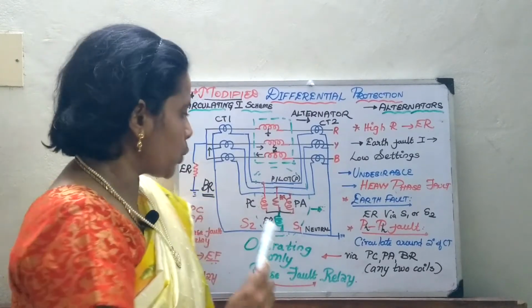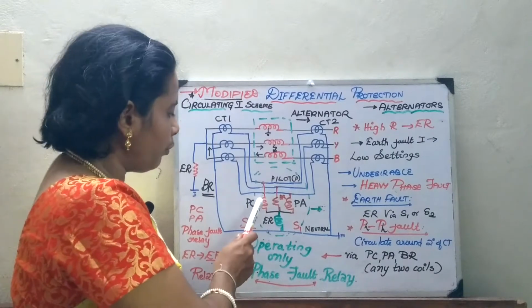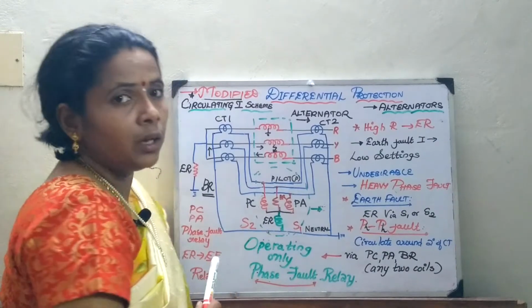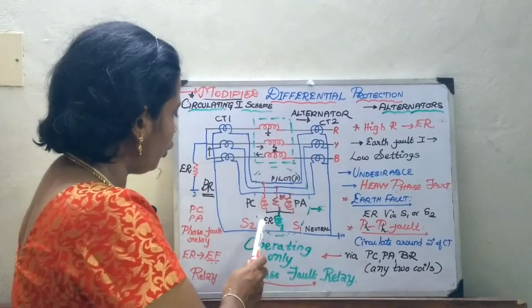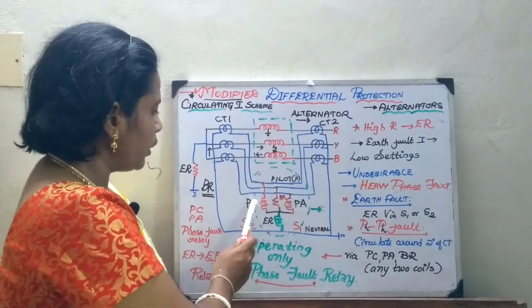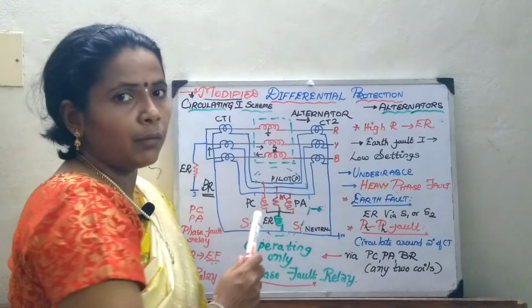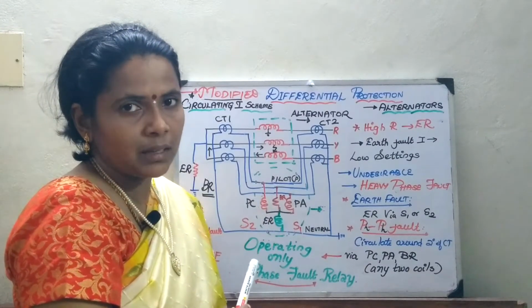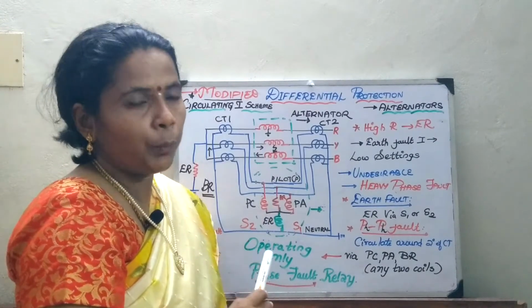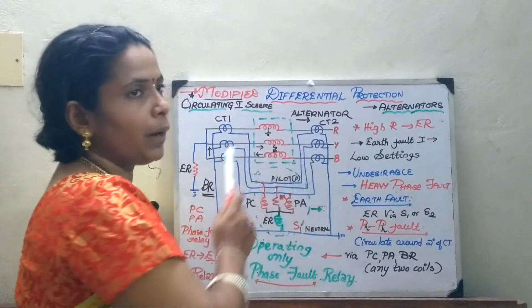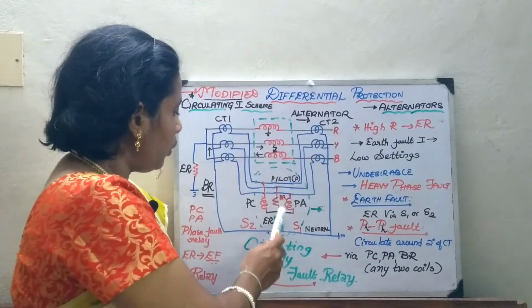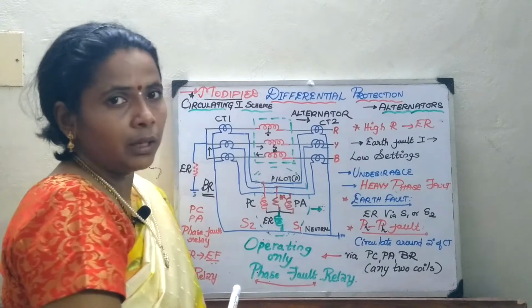But now it is replaced separately for your phase fault and separately for your earth fault. For the phase fault, the relays we are going to use are PC and PA. And regarding this BR, I have already told you it is a balancing resistor to balance the equipotential points between the pilot cables. The earth relay is called ER.